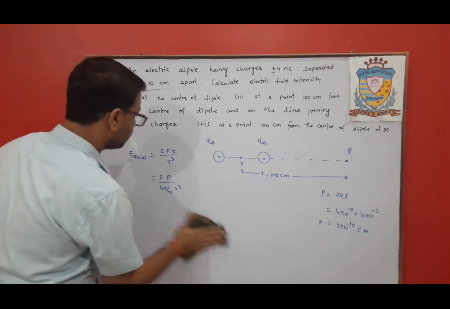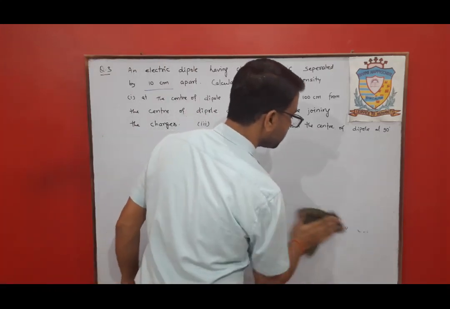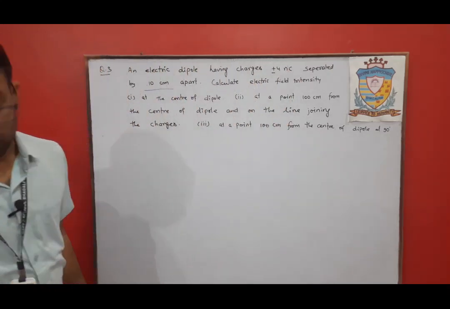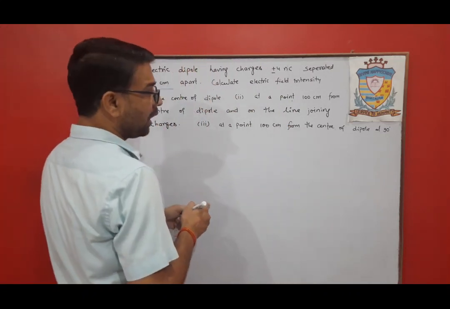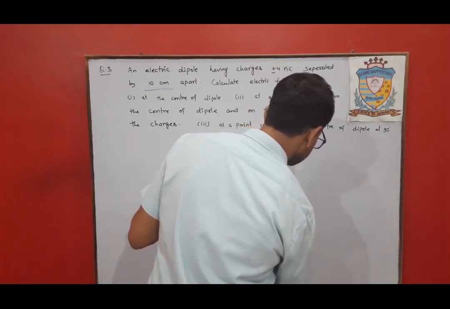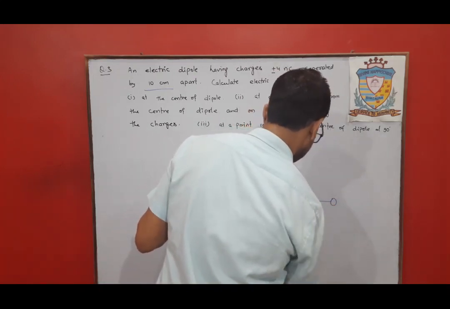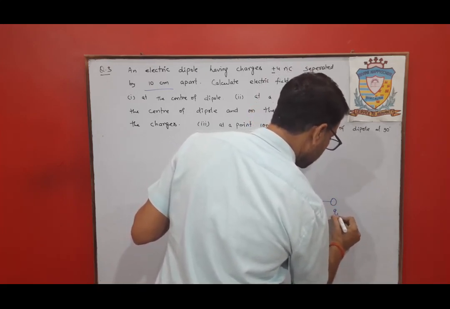Third part of this numerical: at a point 100 centimeter from the center of the dipole at 90 degrees, QA, QB.